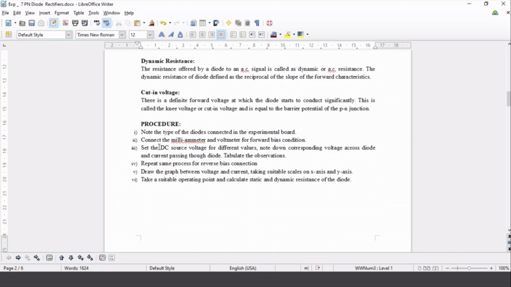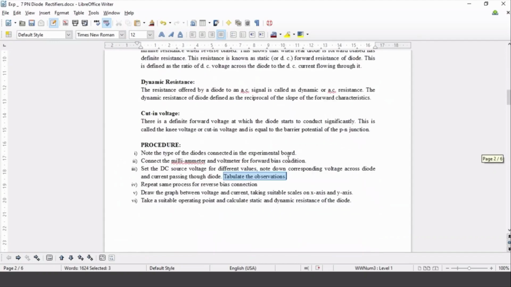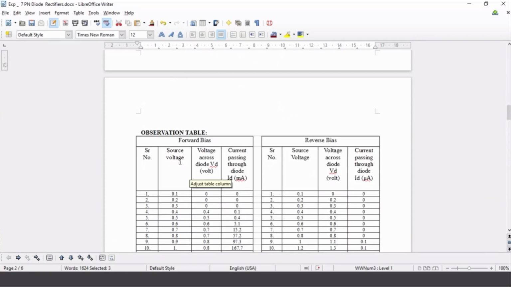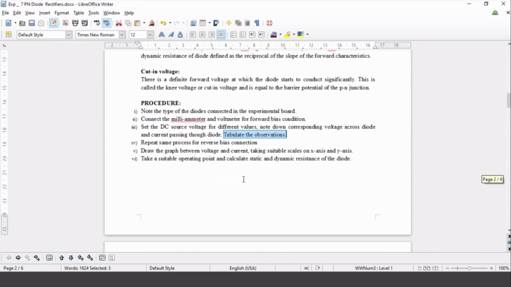Set the source voltage to different values by varying it, and note down the corresponding voltage across the diode as well as the current flowing through the diode. That means VD as well as ID, and we need to tabulate these observations. So these are the observations which I have shown you: VS, VD and ID.